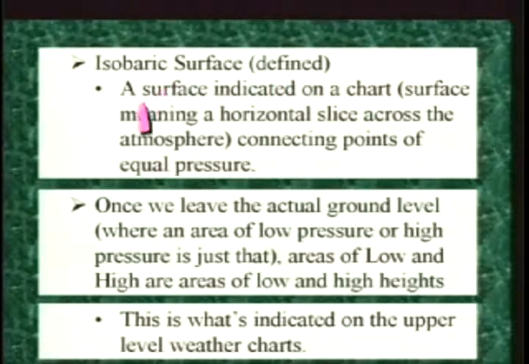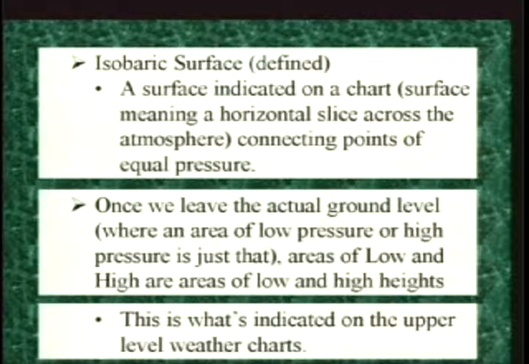An isobaric surface is defined as, and again this is a recap, a surface indicated on a chart, surface meaning a horizontal slice across the atmosphere, so 850 millibar level, 700, 500, connecting points of equal pressure. Once we leave the actual ground level, where an area of low pressure or high pressure is just that, we're dealing with areas of low and high heights.